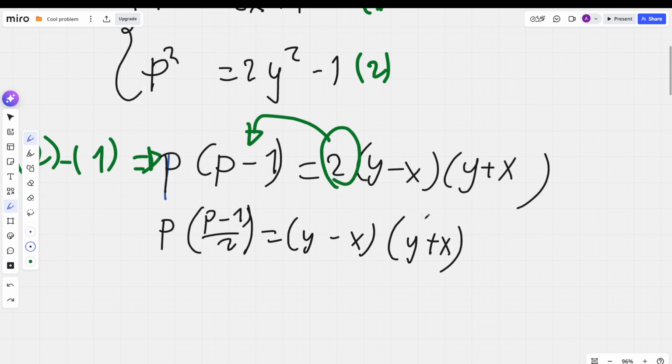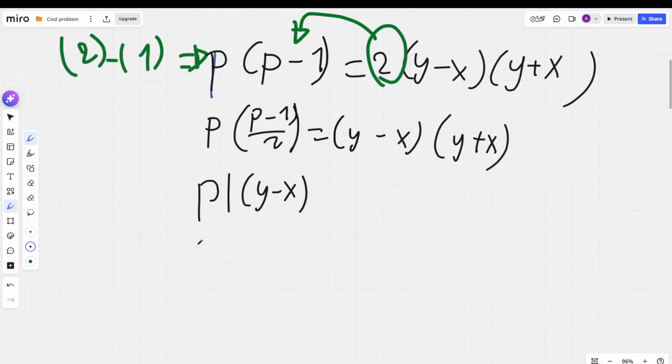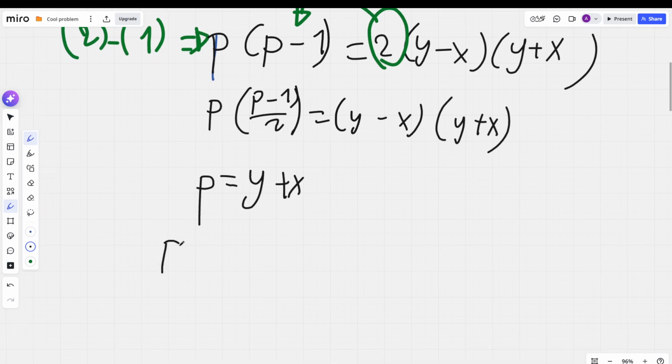Therefore, these two terms are co-prime, and therefore either p divides y minus x or p divides y plus x. But due to bounding reasons, we have that p must divide y plus x, and therefore, again by bounding reasons, p must also be equal to it. So p is equal to y plus x, and p minus 1 over 2 is equal to y minus x.